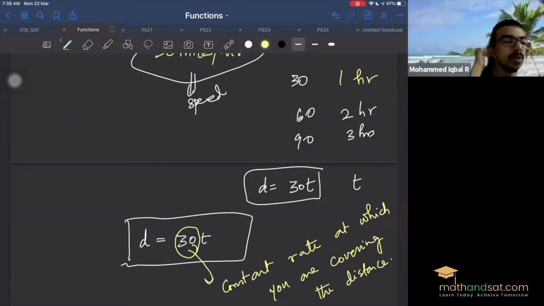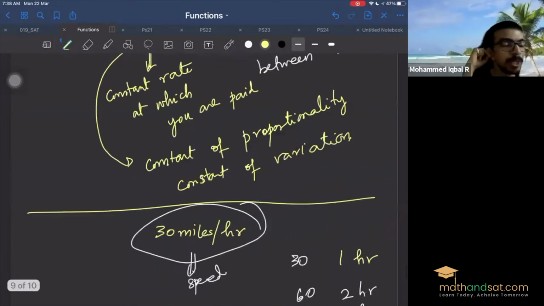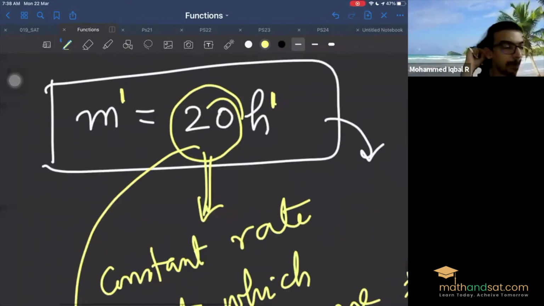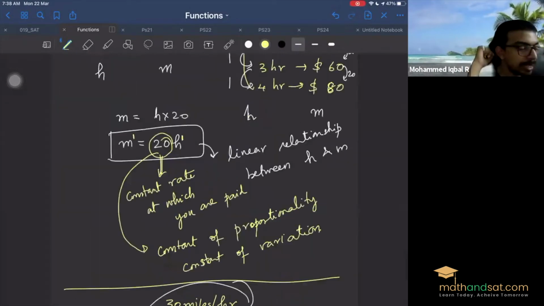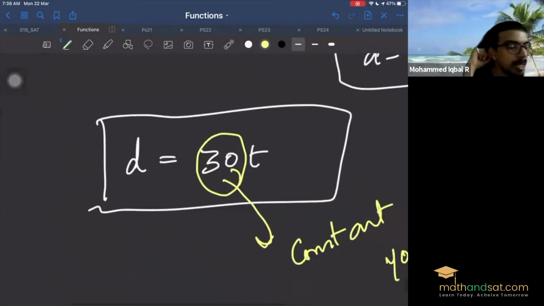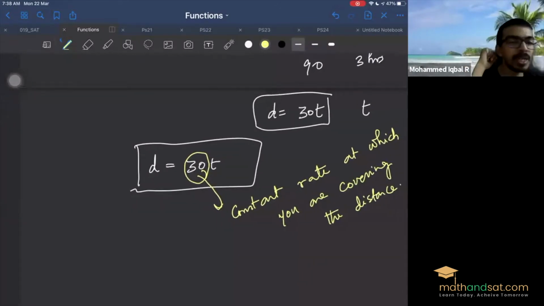In the previous case, it was the rate at which you are being paid, that was $20 per hour. And this is your speed.